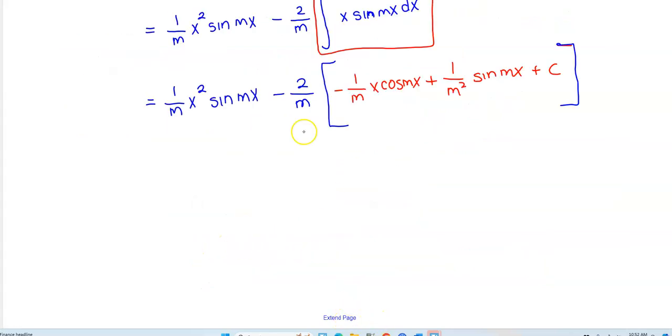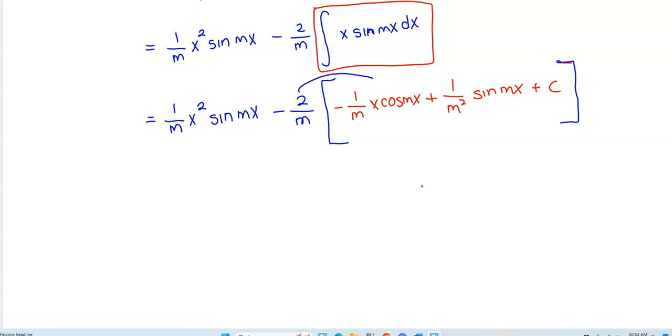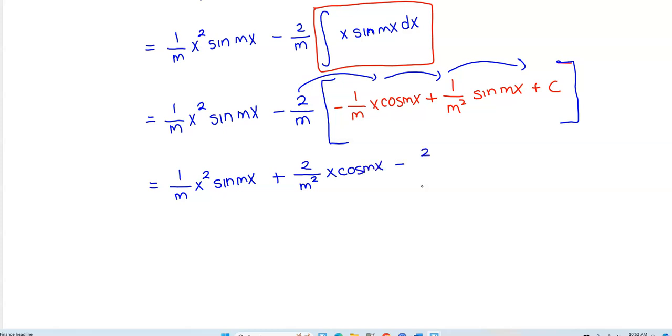Okay, so now we're going to distribute the negative 2 over m to all three of these terms. So we have 1 over m x squared times the sine of mx plus 2 over m squared times x times the cosine of mx minus 2 over m cubed times the sine of mx minus 2 over m times c. We're going to call this c1 because we're going to end up substituting that.